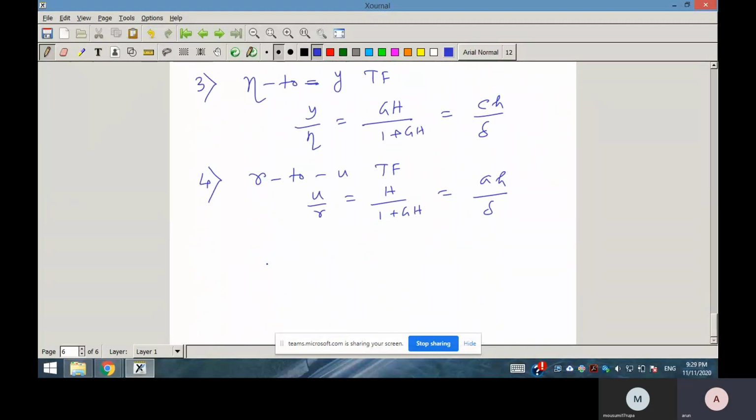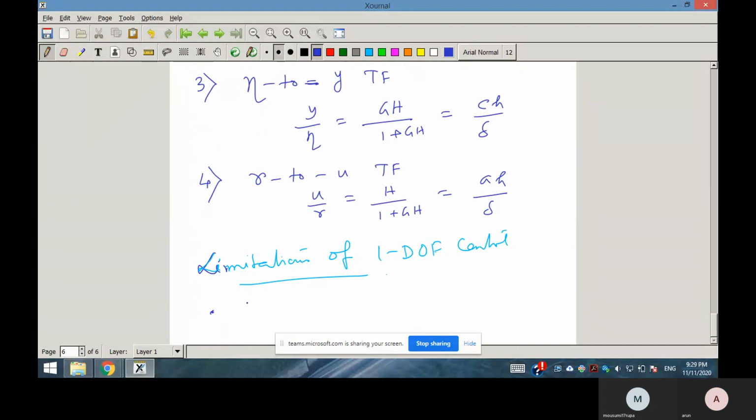So, the limitations of 1DF control. I have already said it, I will just write what the limitation is.